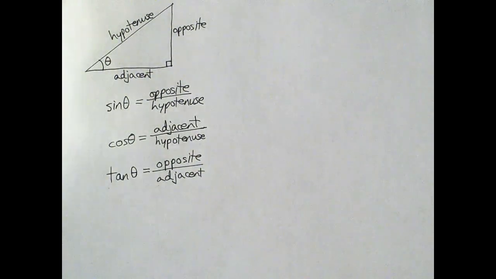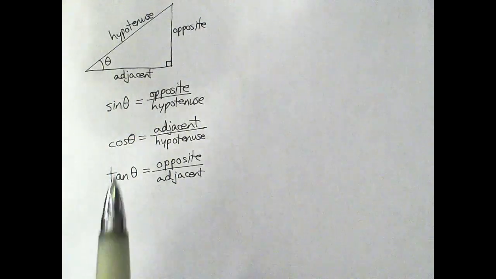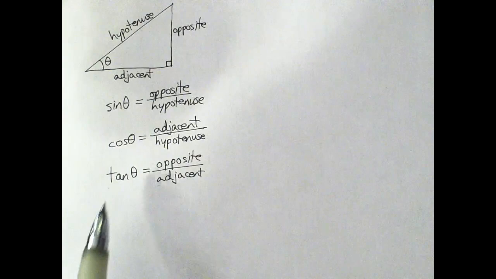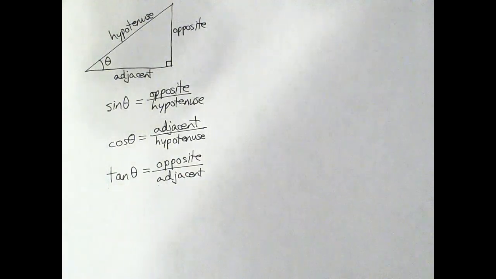Some people like to remember these by looking at the first letter of each word. So like the S equals O over H, C equals A over H, T equals O over A. I mean, if that actually spelled out a word, that would be nice, but it's not really a real word. But whatever method you use to help you remember these, you're going to need to know all three of these.